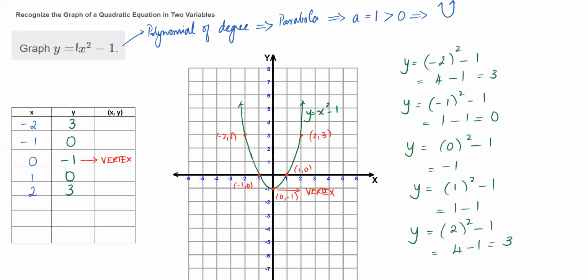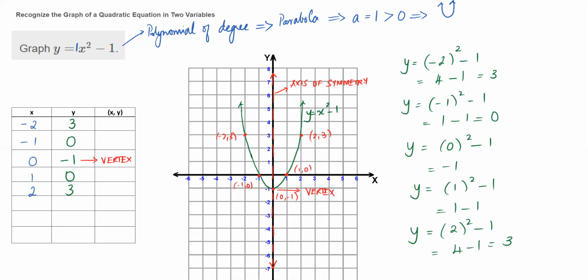And we also notice that if you can see me drawing this dashed line, it's kind of hard because it's coinciding with the y-axis. So what I did was I drew the dashed line through the vertex. That dashed line is called the axis of symmetry, because that is the axis about which you can see the symmetric features of the parabola.